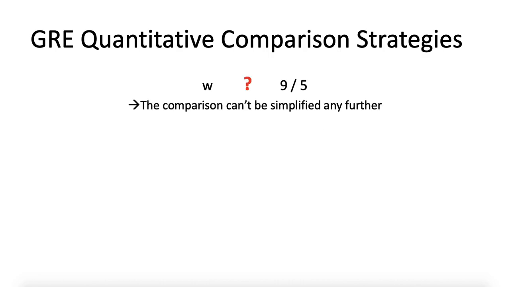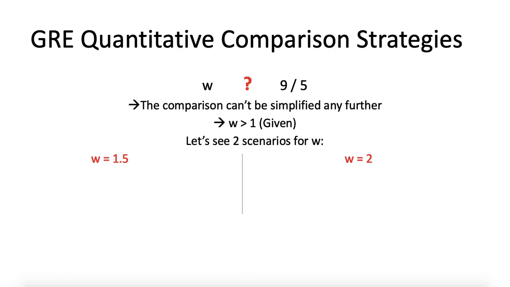Now let's see the question stem, because in question this thing can't be simplified any further. In the question here it is provided that w is greater than 1. Now we can compare this very easily. If I consider two scenarios based on this condition that w is greater than 1, first scenario is if w is 1.5 and second scenario is w is 2. If I consider w as 1.5, then 1.5 is less than 9 over 5, because 9 over 5 is equal to 1.8.